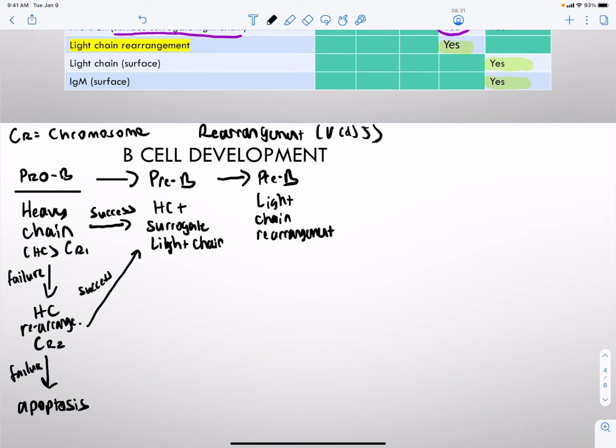And then you move to the pre-B cell stage. And the same thing's going to happen in the pre-B cell stage. So the light chain rearrangement is going to be on kappa on chromosome 1. Again, maternal, paternal, doesn't matter. And then if you're successful, you're going to have a successful B cell receptor.